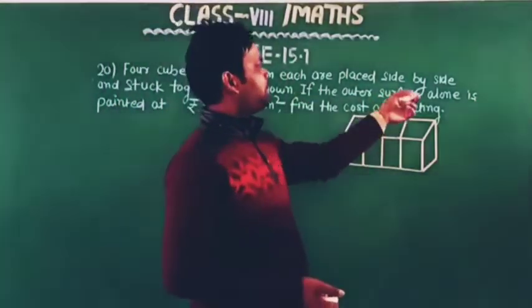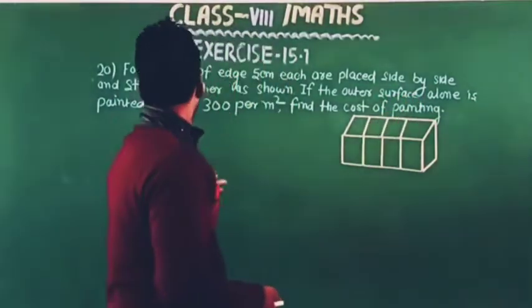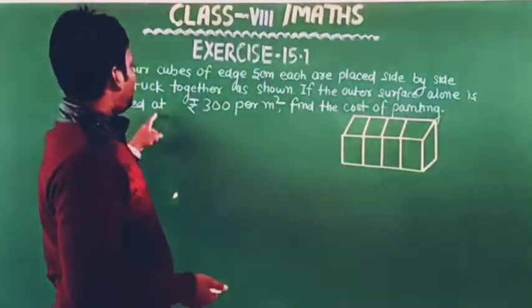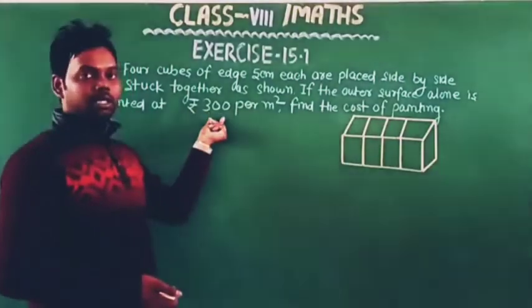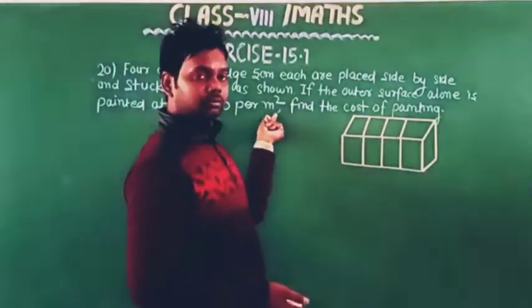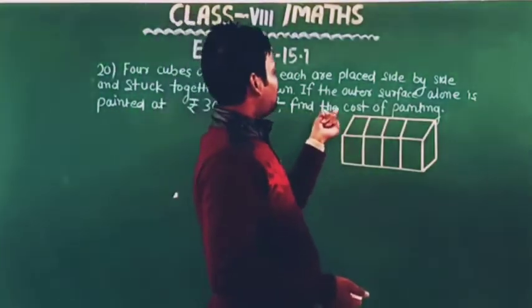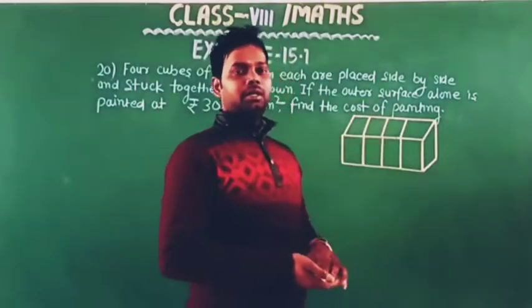If the outer surface alone is painted at rupees 300 per meter square, find the cost of painting.